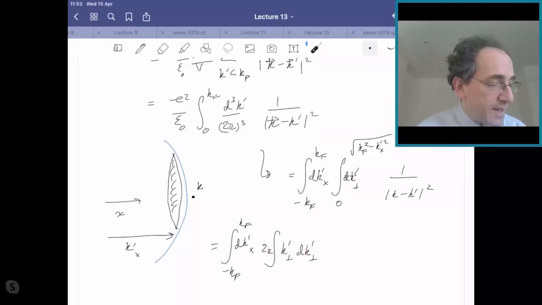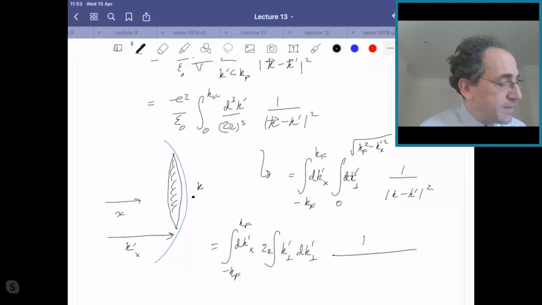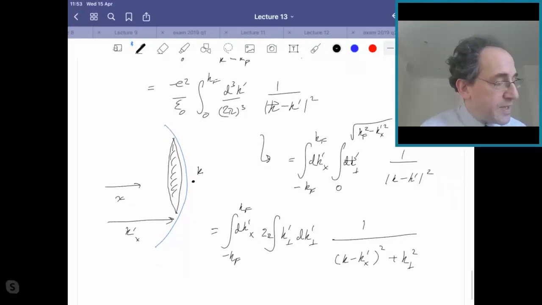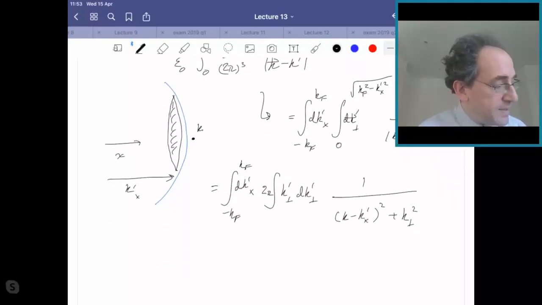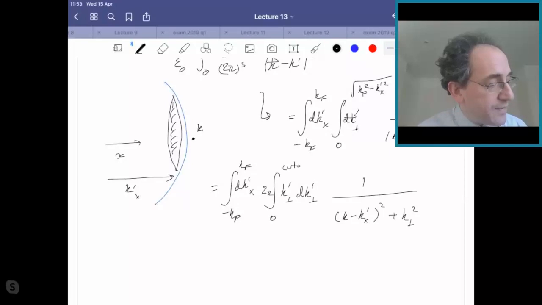So I'm going to radial coordinates in the perpendicular direction, and then the denominator here is going to be (k minus k x prime) squared plus k perp squared. We'll write the upper limit as a cutoff up here.